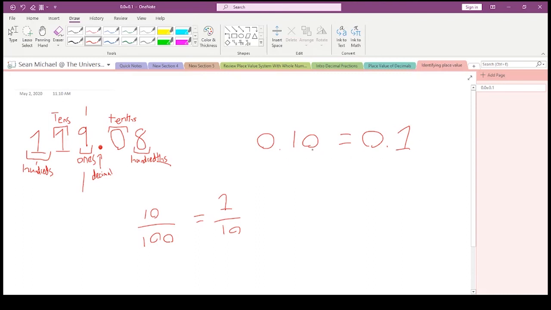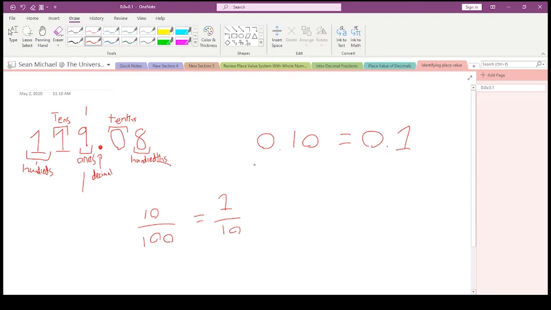If you have 10 groups of 10 hundredths, you'll have a full whole, and if you have 10 tenths, you'll have a whole as well. So these are equal, and that's why it's 10 times this. So if you have 10 hundredths, you'd have a 1 here instead, and so on and so forth. And when you have 10 tenths, you get a 1 over here.